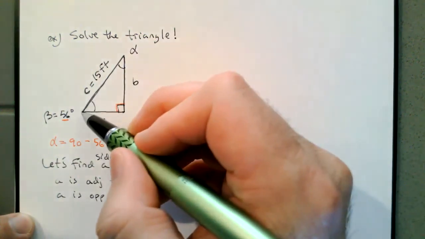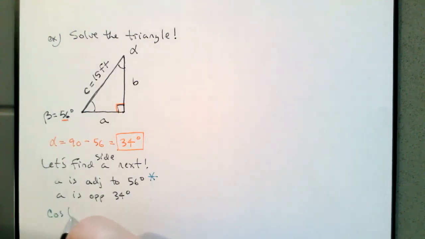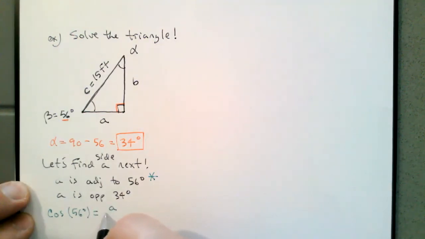And the other information I have is that C is the hypotenuse. So I've got adjacent and hypotenuse, which means we'll use cosine. So cosine of 56 degrees is adjacent A over hypotenuse 15.